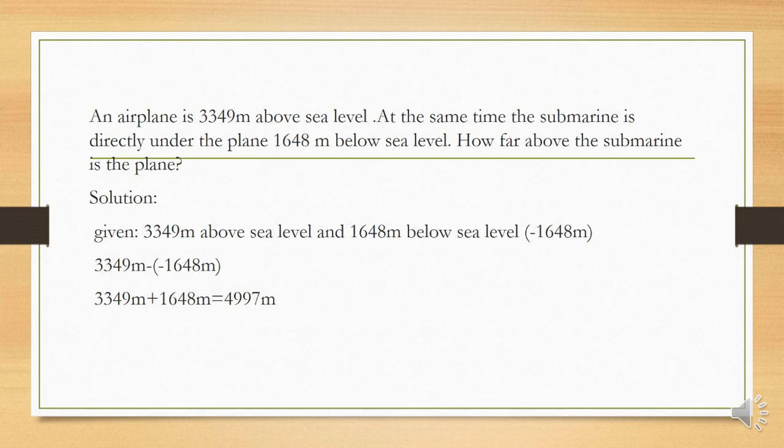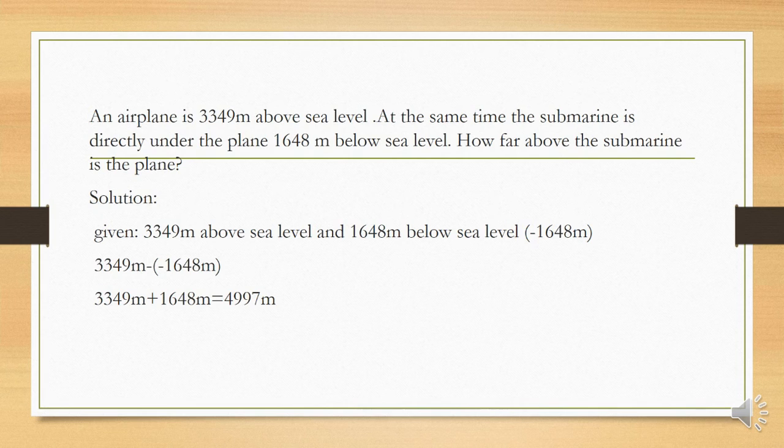So we have here problems involving operations on integers. An airplane is 3,349 meters above sea level. At the same time, a submarine is directly under the plane at 1,648 meters below sea level. How far above the submarine is the plane?